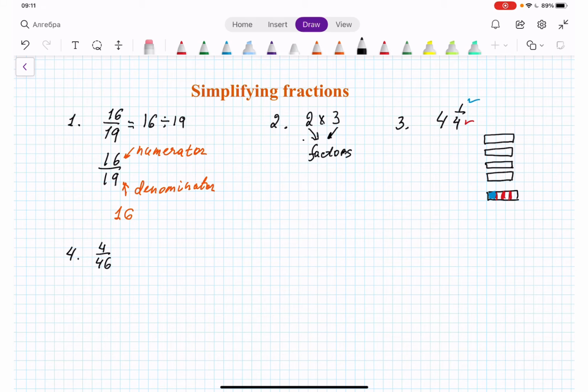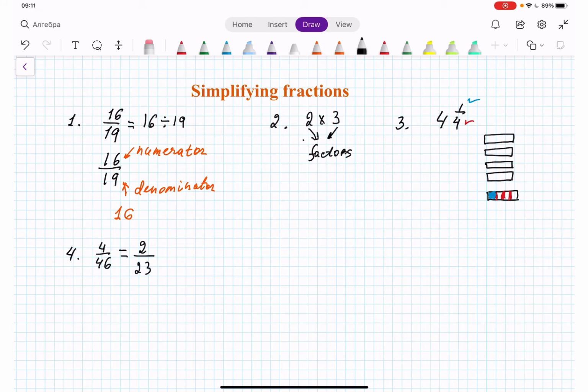So when you look at the numerator and denominator, you have to see what number both numbers, 4 and 46, you can divide by. Let's say 4 you can divide only by 2 and 4, right? Well, let's see. 46, can you divide by 2? Yes, it's going to be 23. That means both numbers I'm going to divide by 2, and I will get 2 here and 23 here.